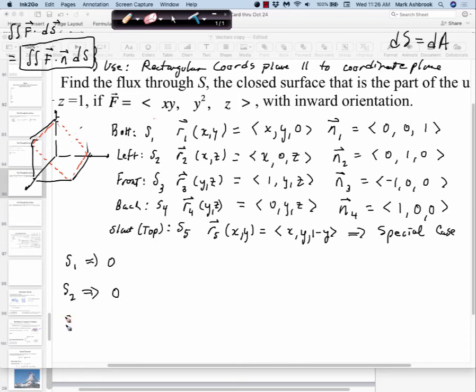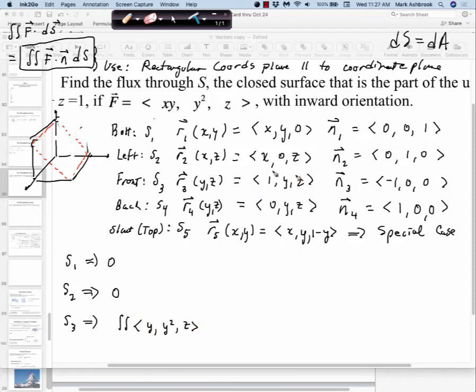S3. For S3, I think this is non-zero. Let's write that one out. So for S3, you get the integral of xy, y squared, z. That's your function, F on that surface, right?